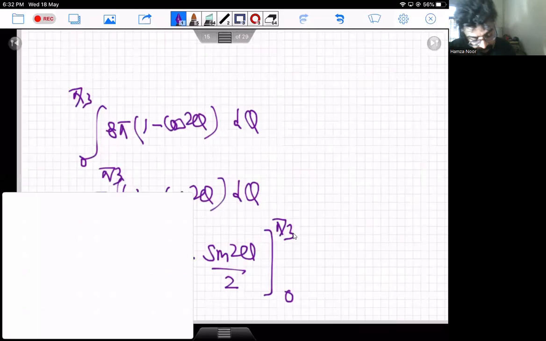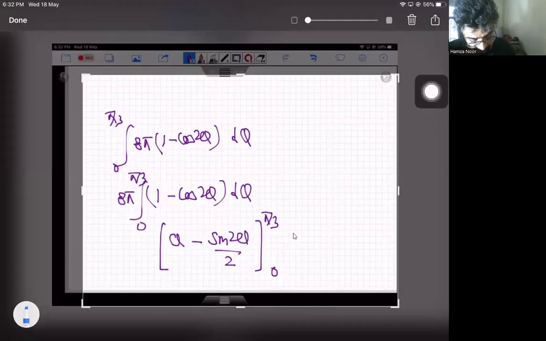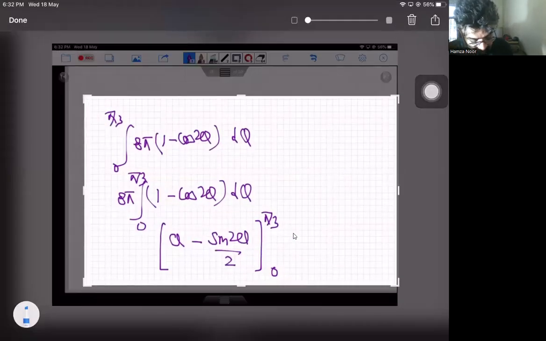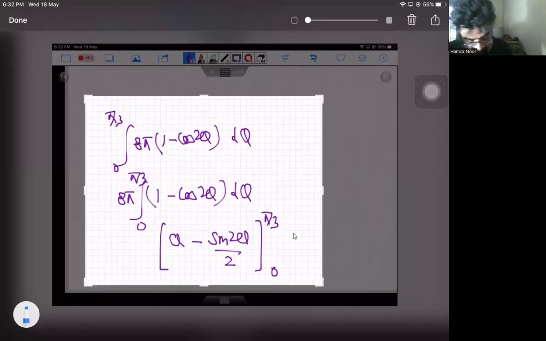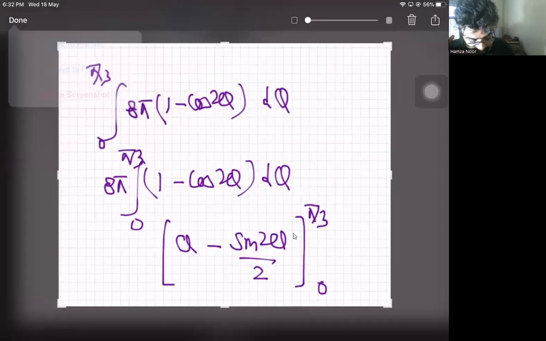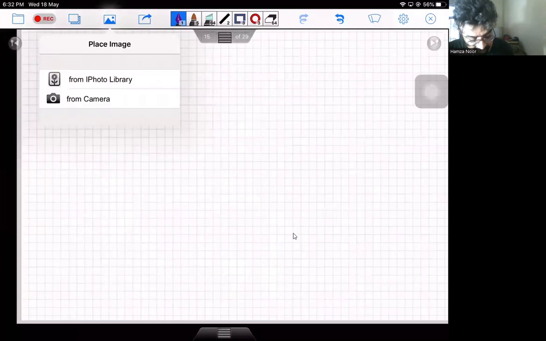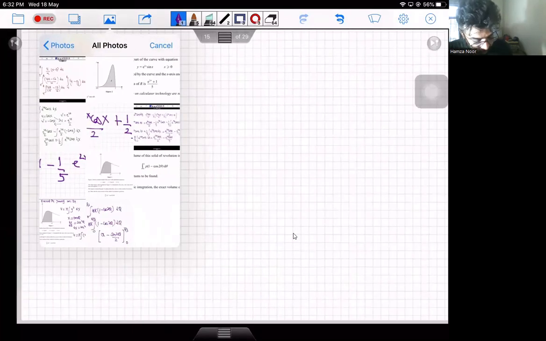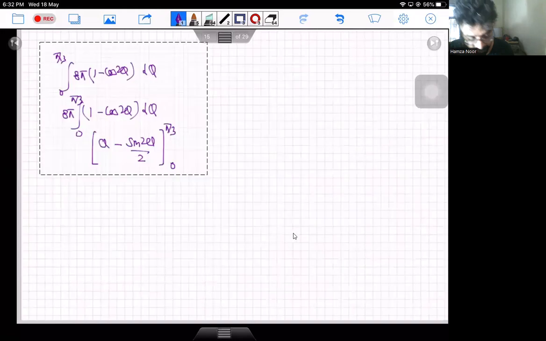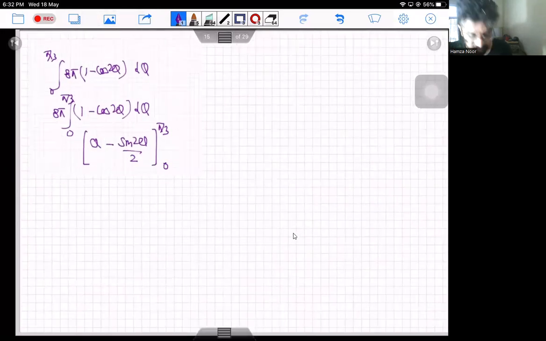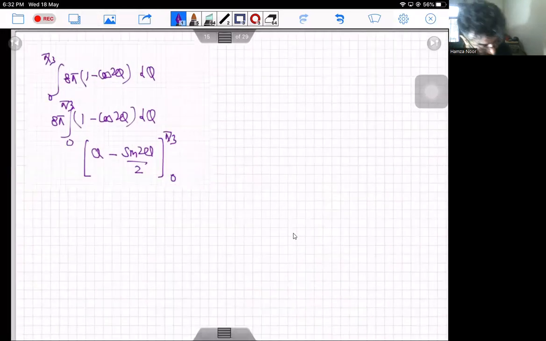When you are doing practice at home, all of these formulas, all of these standard integrations and derivatives must be on your fingertips. But when you are given the formula sheet in the exam, you can take help from there as well. Okay.